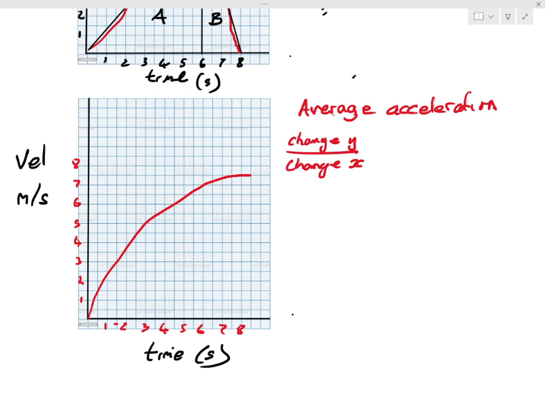The change in y is 7.5, and the change in x is 8.5. Okay, so that is for the whole line. 7.5 divided by 8.5 is 0.88 meters per second, probably squared.